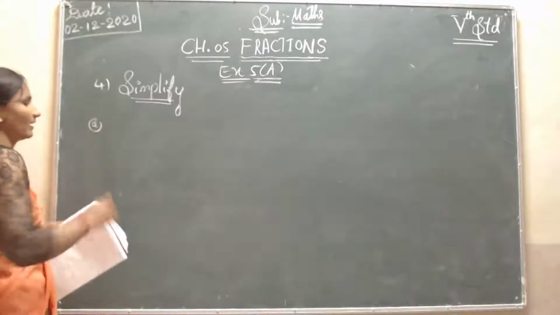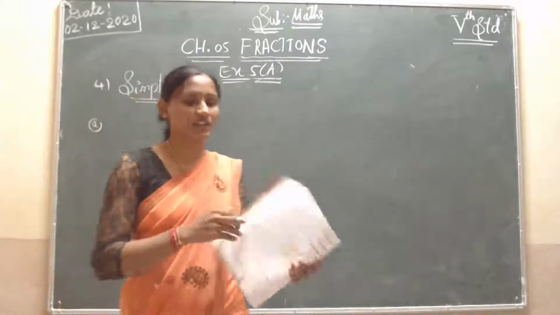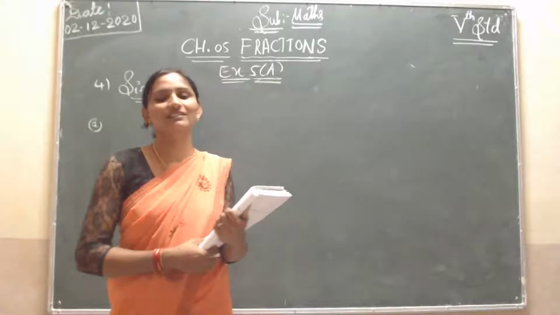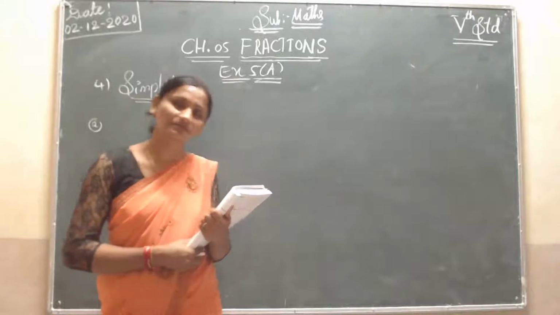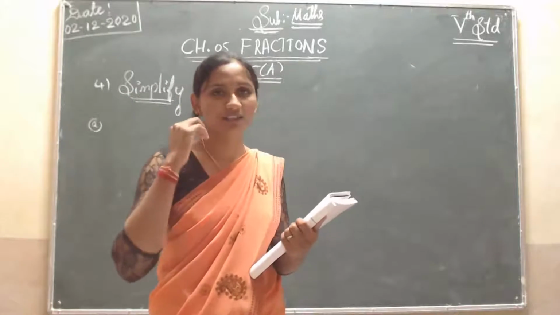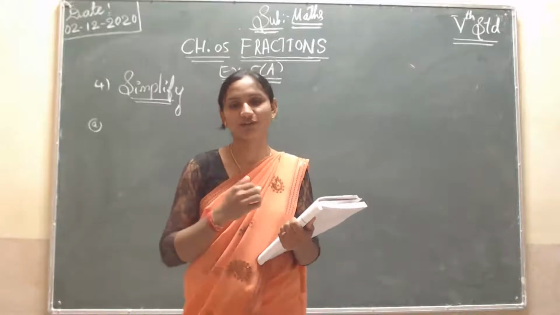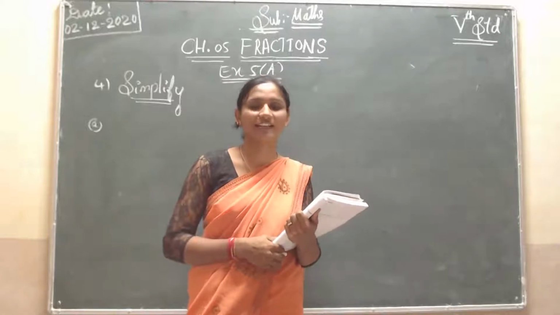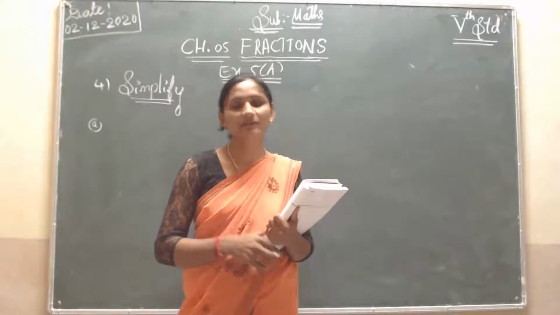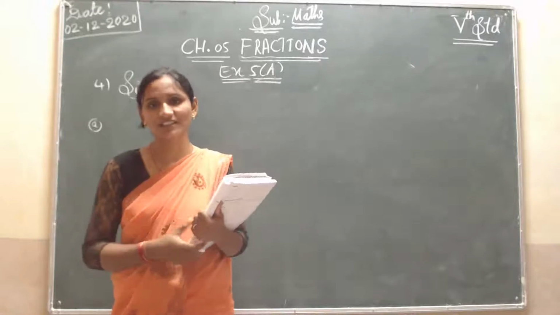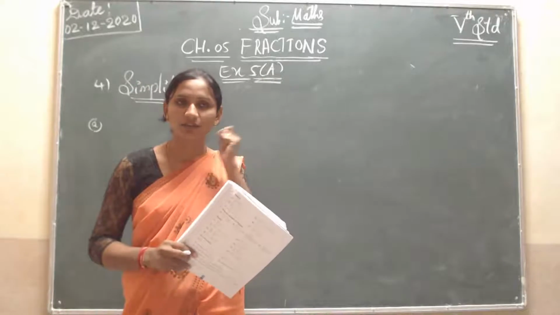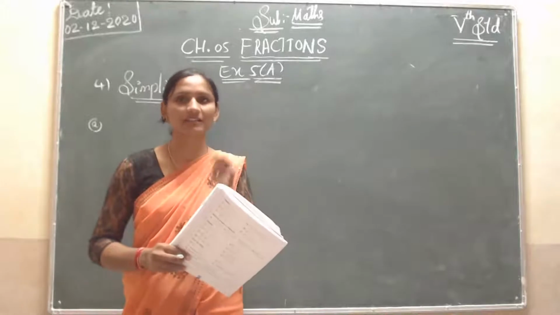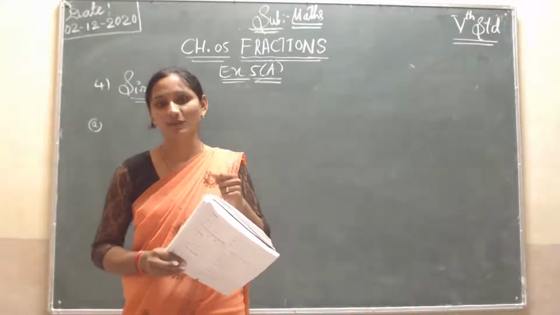Students know the meaning of proper fractions: a proper fraction is compared to the whole, so the denominator is more and the numerator is less. An improper fraction means the numerator is the bigger number, for example 8 by 2. This is an example of an improper fraction.